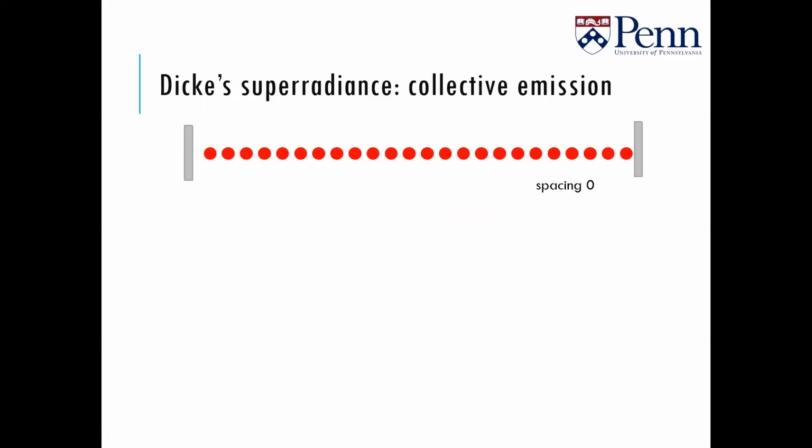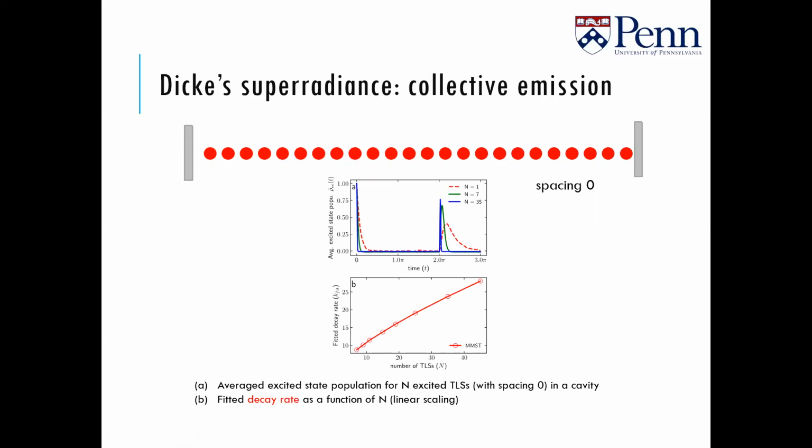For such a case, in QM theory, people can use the Dicke superradiance model to build n+1 quantum states called the bright states, so that it's also relatively easy to propagate and solve. And with MMST, we can get a result like this. Here, part A is the average excited state population as a function of time.